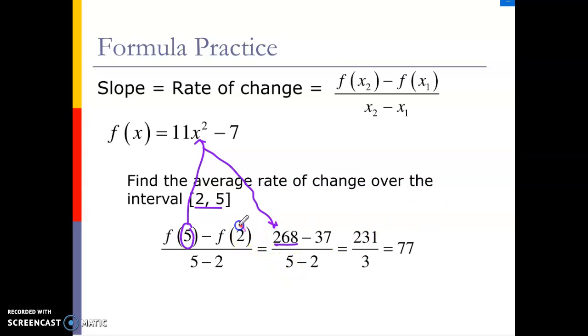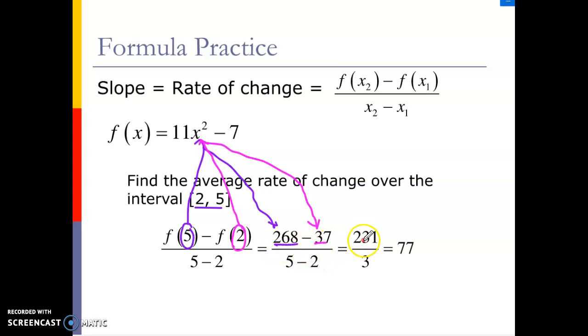Then we take this 2 here, go back to the f function where we see the x, and plug it in. 2 squared is 4. 4 times 11 minus 7. We bring that answer down here, and that's where I'm getting the 37. Now we've calculated the y values, and we're ready to calculate the slope.